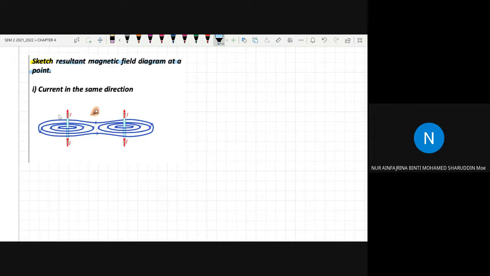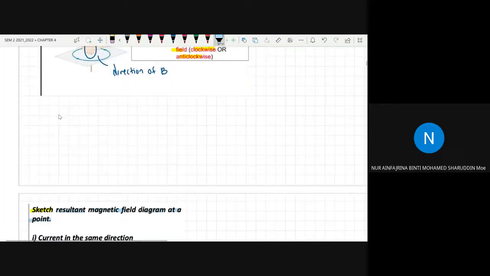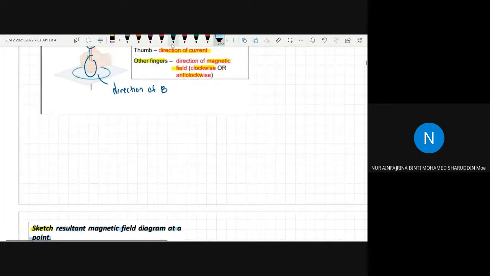Okay, before that, Miss wants to do something first. Miss just wants to test all of you. For example, Miss will have a wire. Okay, this is my wire. Inside it there will be current.